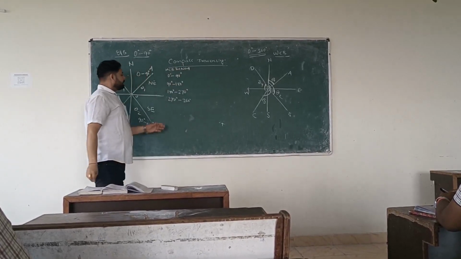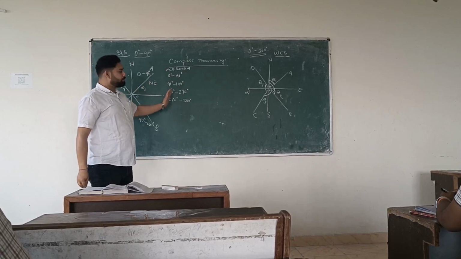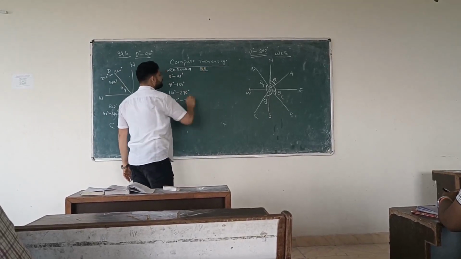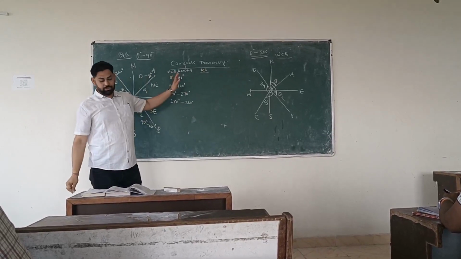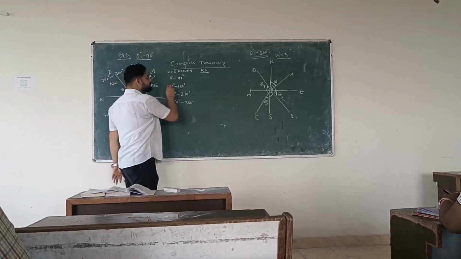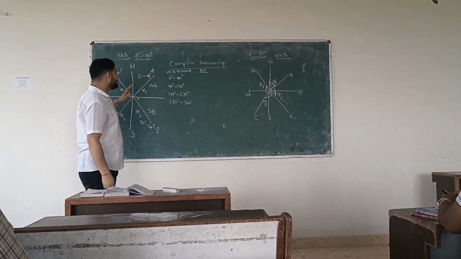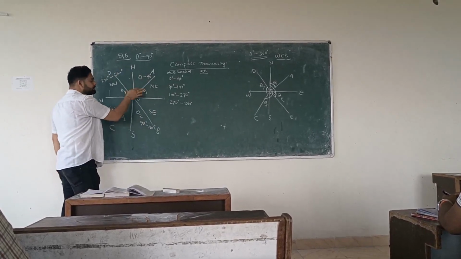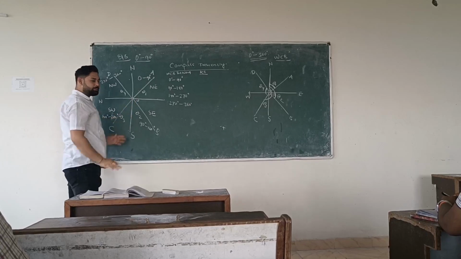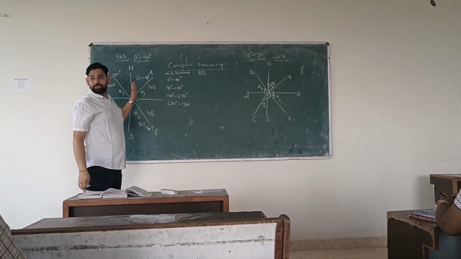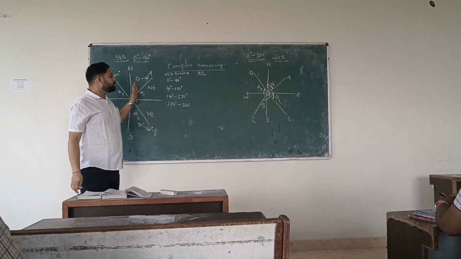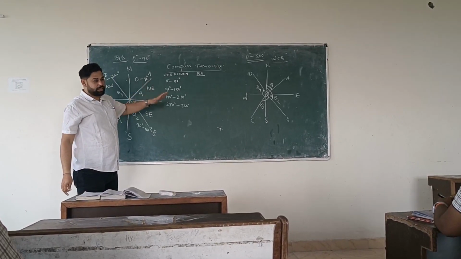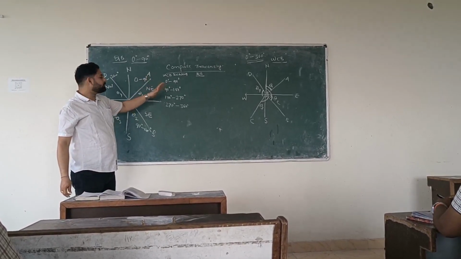Let's suppose this is the line OA, situated in 0 degree to 90 degree. When it lies between 0 degree to 90 degree, only we have to write the quadrant.